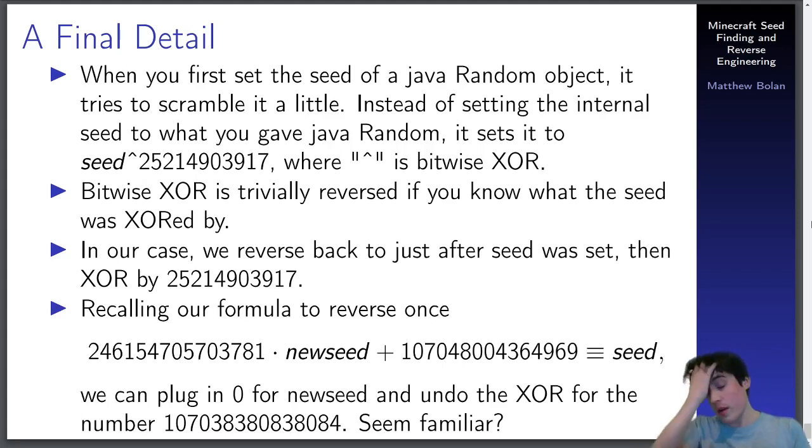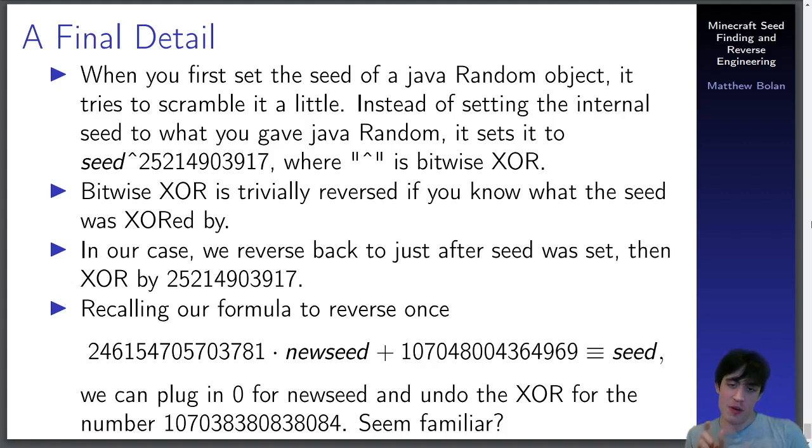And actually, I wanted to quickly point out something as a little bit of a tidbit at the end. This is a bit silly, but if we remember our formula that we found to reverse the linear congruential generator one time, we've got massive number times new seed plus massive number is congruent to seed. And let's find the seed one before the seed 0.